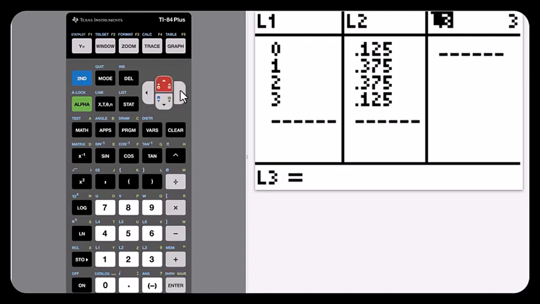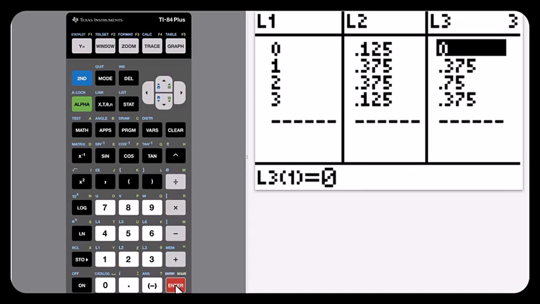Then we'll go all the way up to the top of L3 and tell that list to multiply the contents of L1 by the probabilities in L2. And then we're going to exit this list view by pressing second and mode, which is quit.